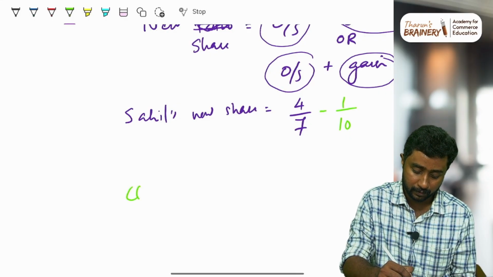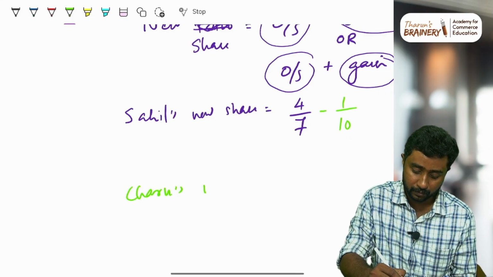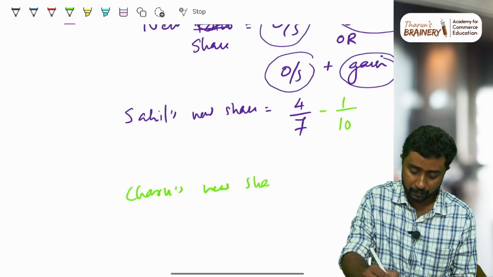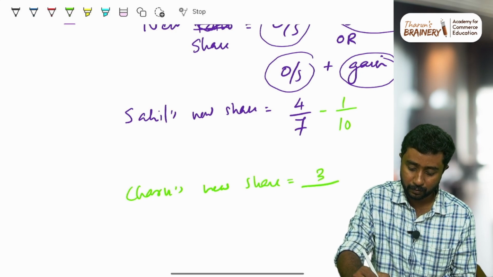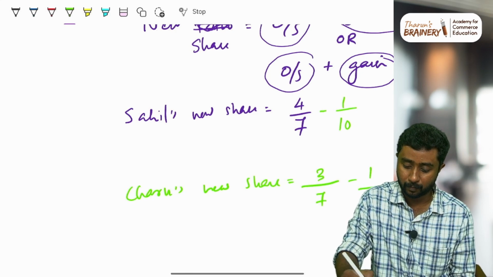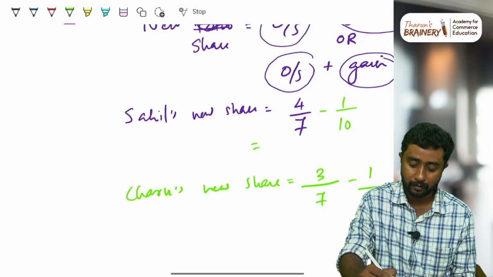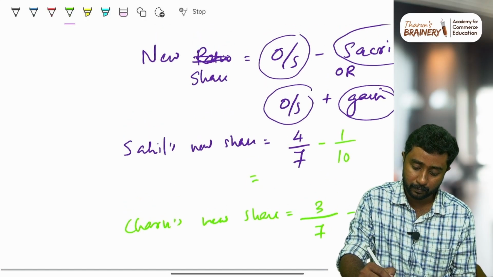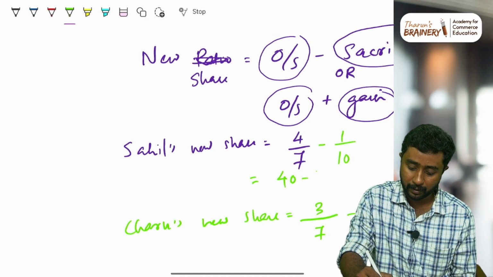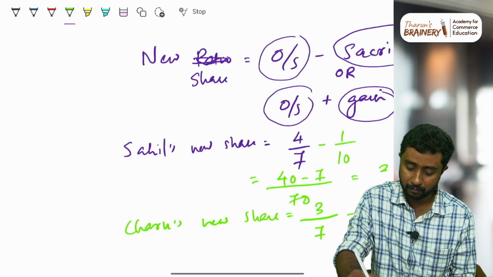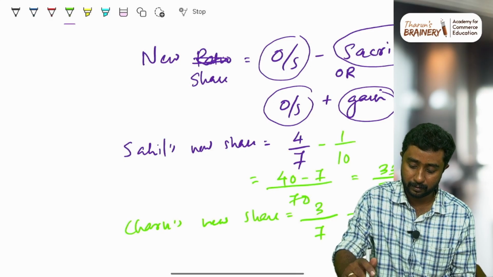Similarly, for the next person, Charu's new share. Charu's old share was 3 by 7. He is also sacrificing 1 by 10. How to calculate? No other way, we have to cross multiply. So 40 minus 7 divided by 70 will give you 33 by 70.